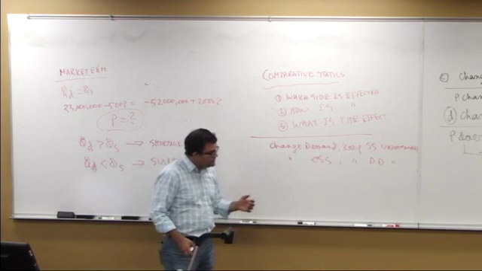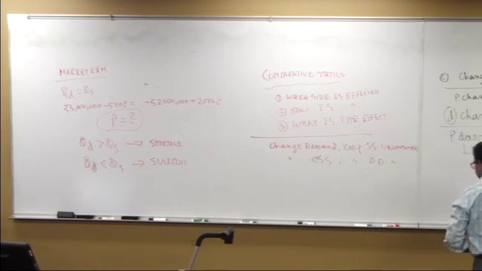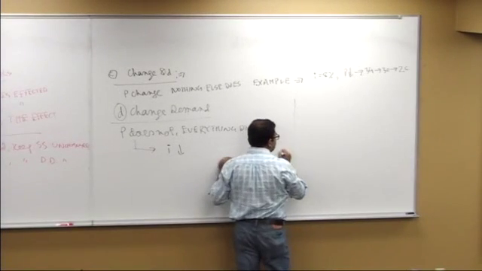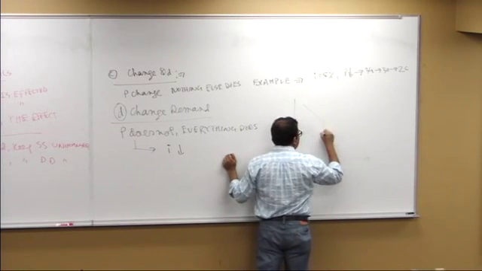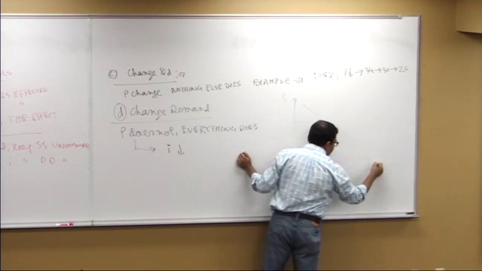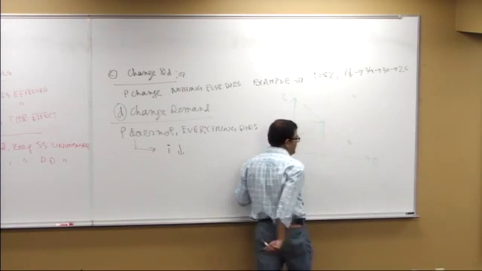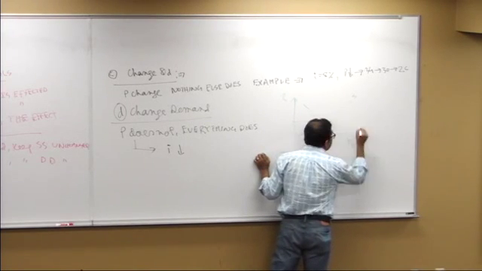Yeah, that's fine. I think there's a mistake in the graph. Let me draw this in a graphical setup. I think this is wrong. So this is my original market equilibrium, right? And this is my demand, this is my supply. Let's say that at this demand, my interest rate is 8%.